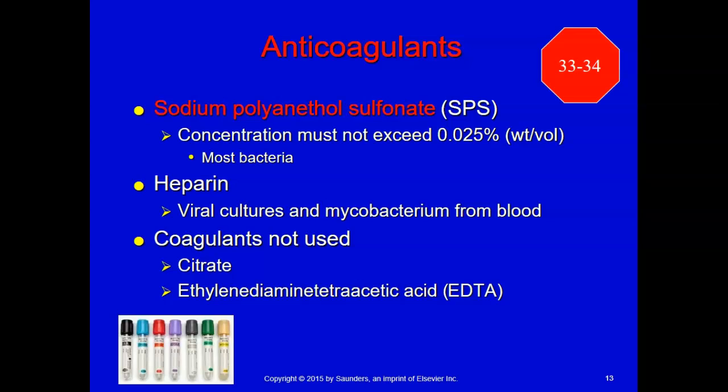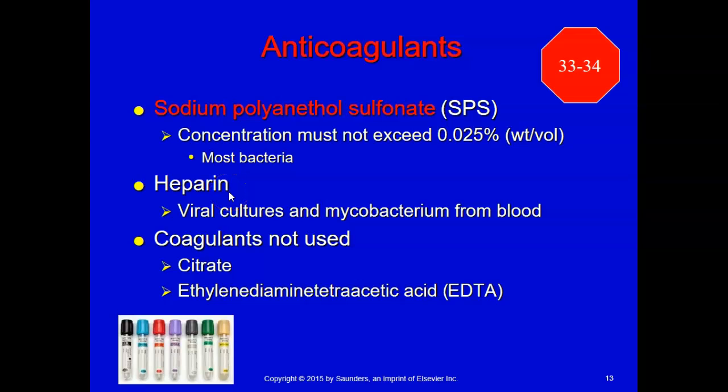Okay, so anticoagulants are used in our microbiology samples sometimes, but we need to know the ones that are acceptable for microbiology, and that is SPS, sodium polyanethol sulfate, and this is okay for most bacteria, and this is the anticoagulant used in our blood culture bottles. Heparin can be added to usually joint fluids, and we don't really do cultures much.